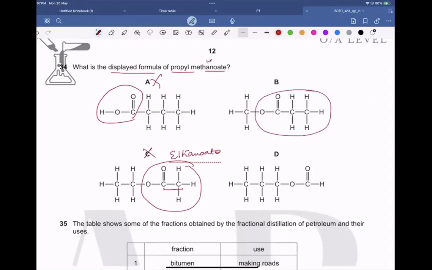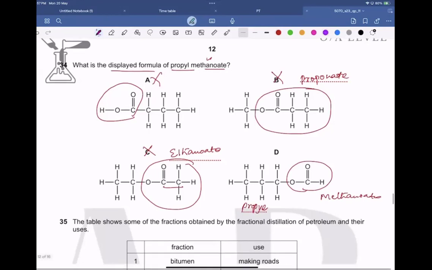If you see over here, there are three carbons, so it is a propanoate, so B goes wrong. If you see methanoate, one carbon with the C double bond O only, and it's a propyl chain. So D is the correct answer.